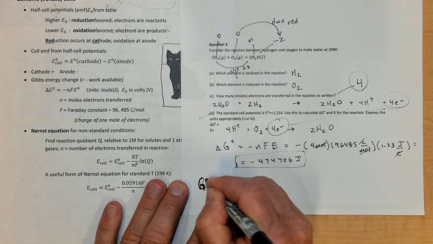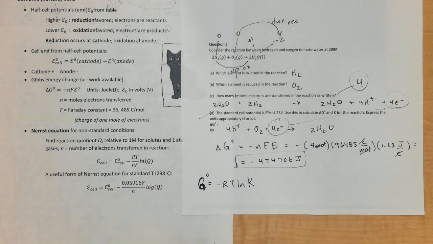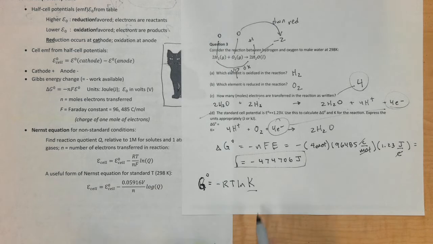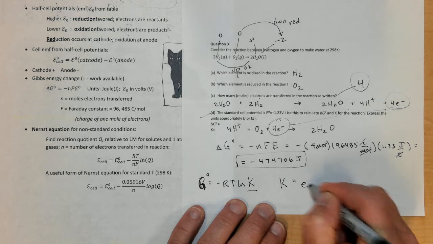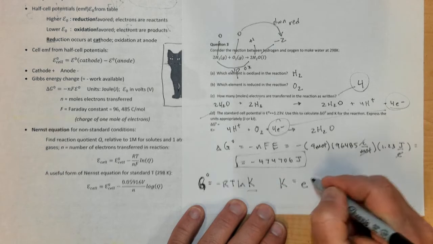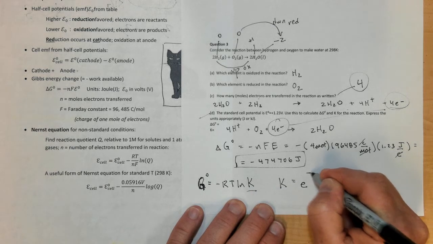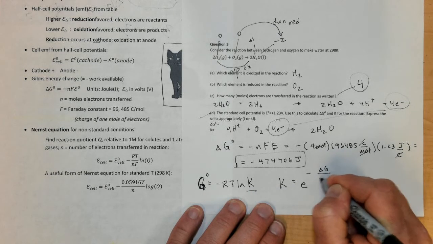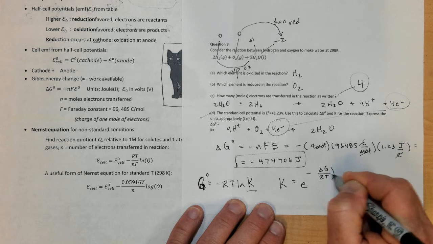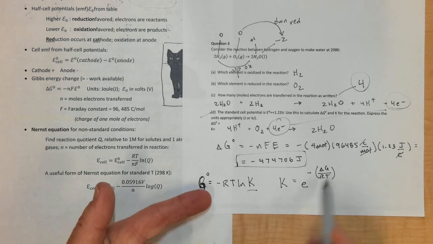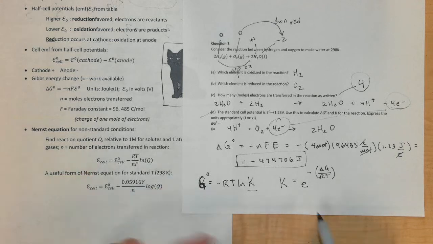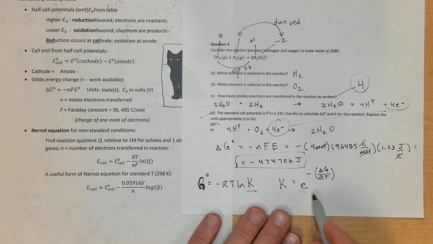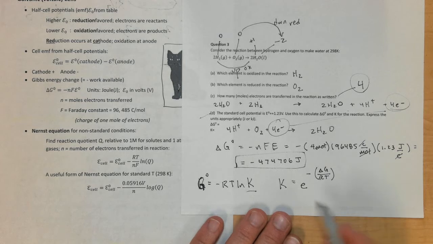If you solve for K, you have to undo the natural logarithm, and then K is equal to e, because natural log is base e, to the negative delta G divided by RT. So that's one way you can solve it directly, with this equation, or you can plug the numbers into this equation and then solve for it. I'll use this equation since it's set up already for K.